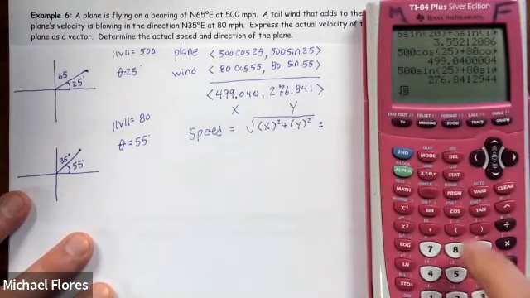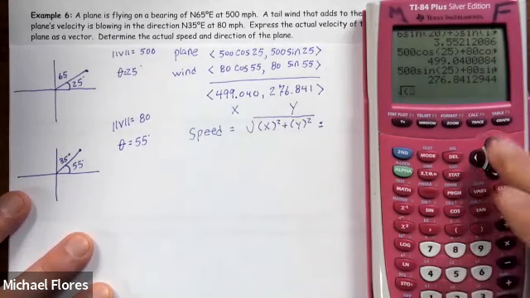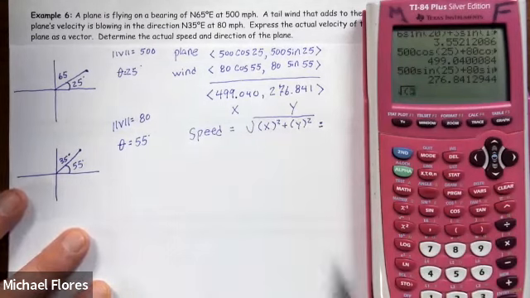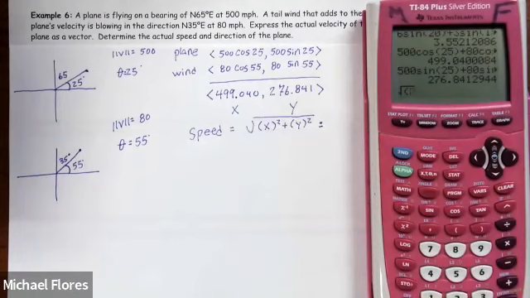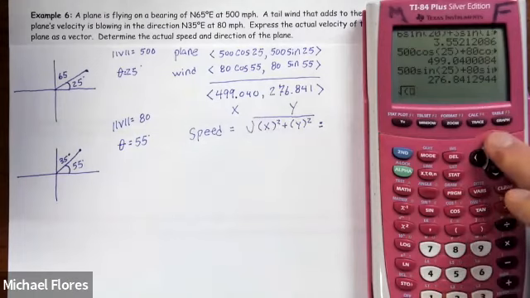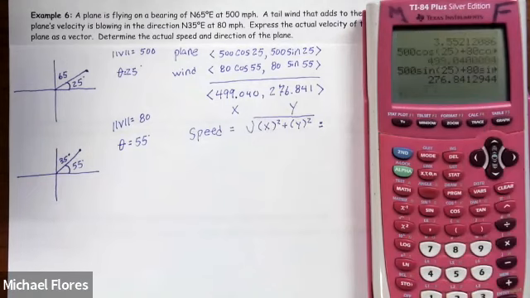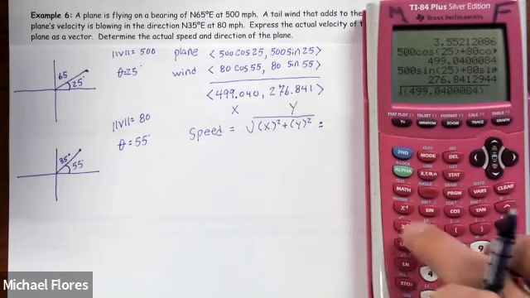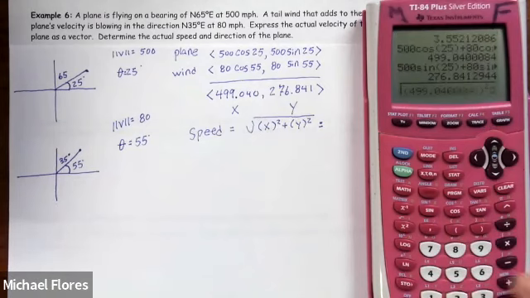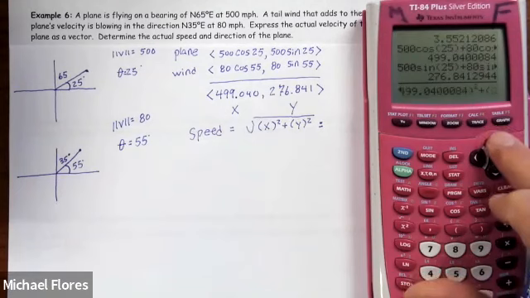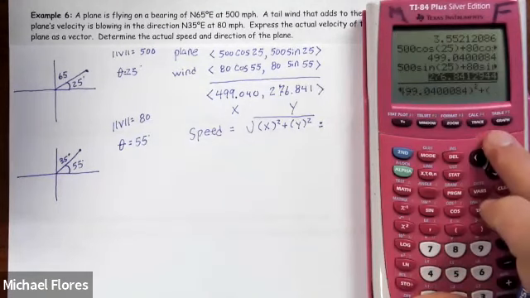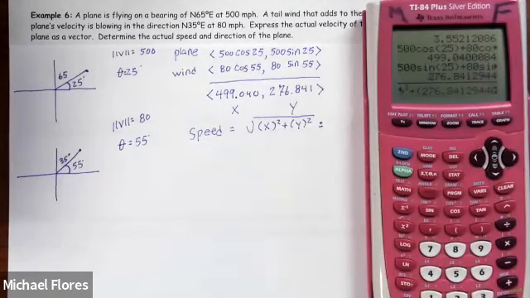Square root, open parentheses. Now we don't want to use our rounded values. We want to use the actual values that our calculator gave us originally. So I'm going to scroll up and find my x value, and then hit enter. Close parentheses, square, plus open parentheses. Let's now scroll up and find the y value, enter, close parentheses, square, and now enter.